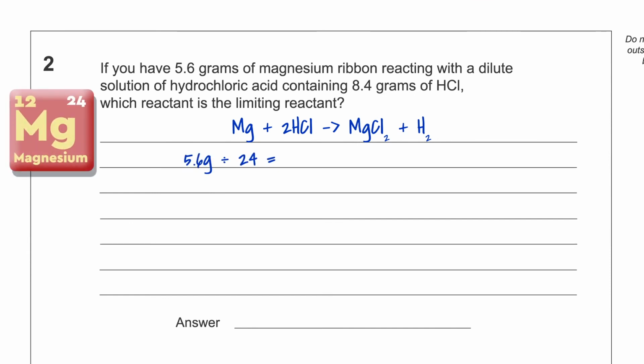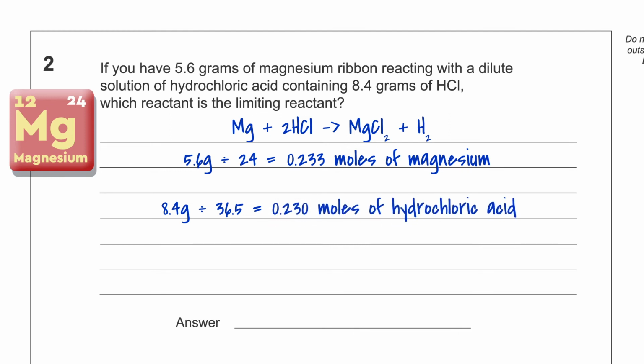This is going to give us a value of 0.233 recurring. Next, we need to work out how many moles of hydrochloric acid we started with. To do this, we divide 8.4 by 36.5, the Mr of hydrochloric acid. This gives us a value of 0.23.